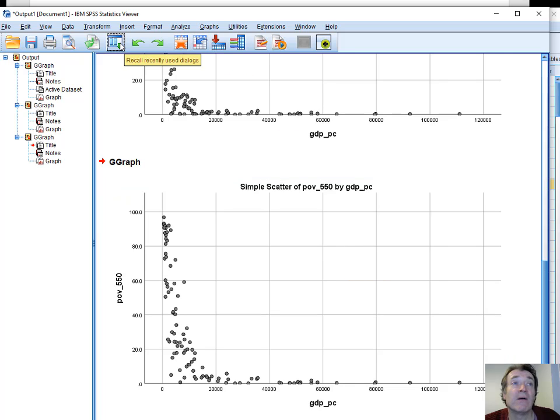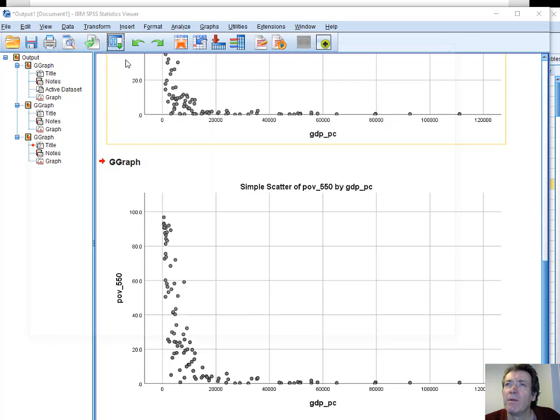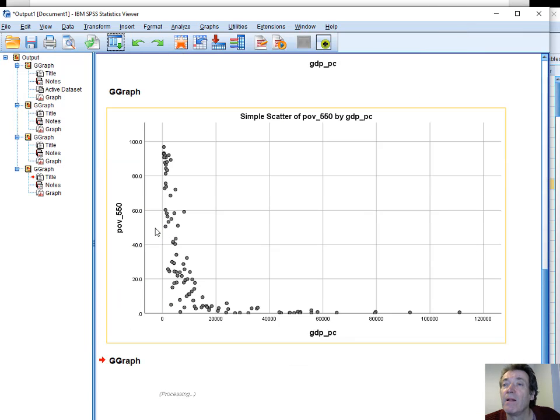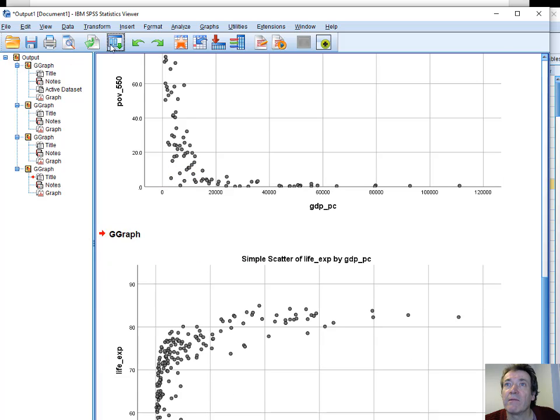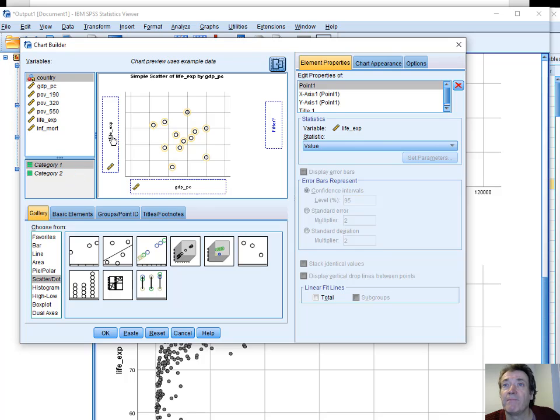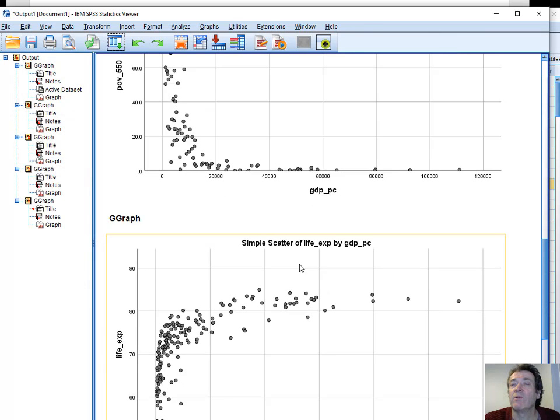Then bring in the other health variable, life expectancy. And then the final health variable is child infant mortality. Okay, so let's see what the evidence tells us.